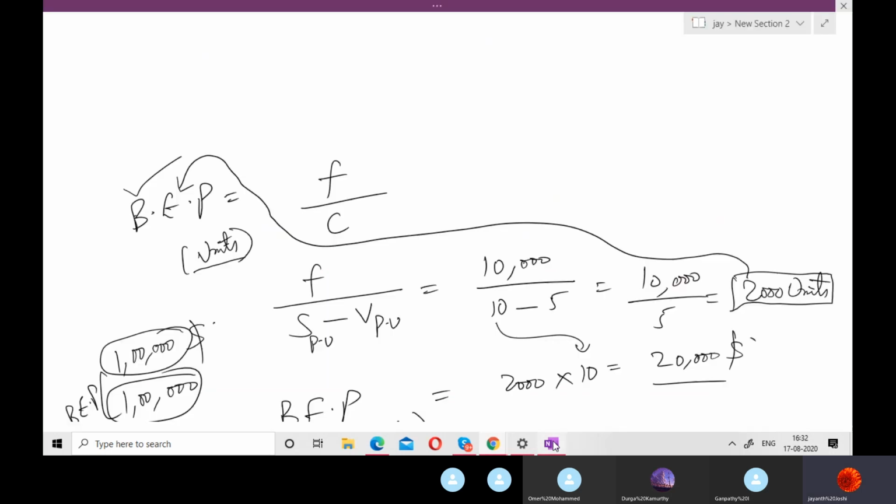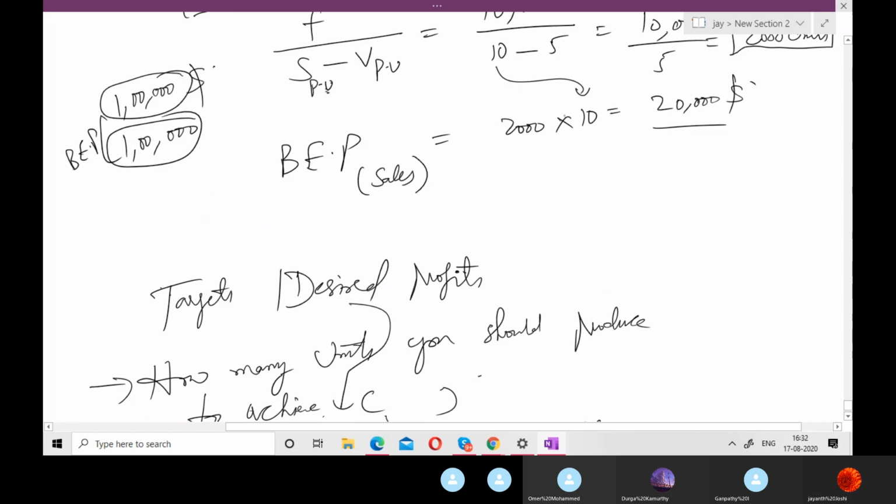I'll write some formulas here. One more formula we can use. I've explained break-even point in sales as this one: break-even point in units into selling price per unit.